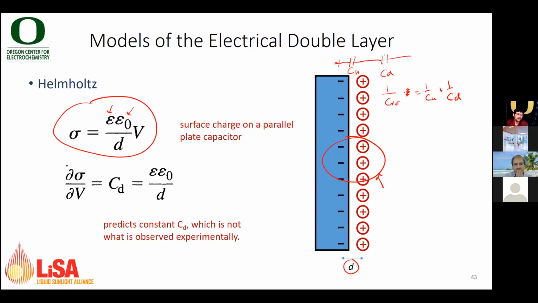And so we can define the first derivative of sigma with voltage, that's the capacitance, and that's given by this term. And so this predicts a constant CD, which is not what we observed experimentally, right? But it's a model that can be used in certain situations to understand the double layer.